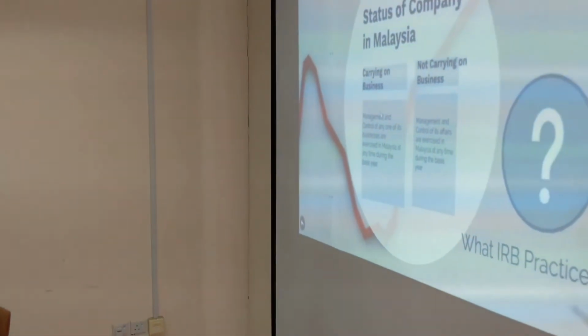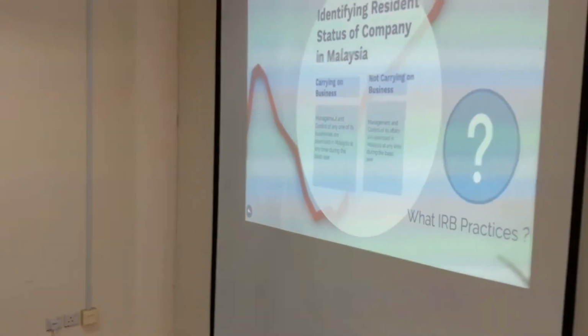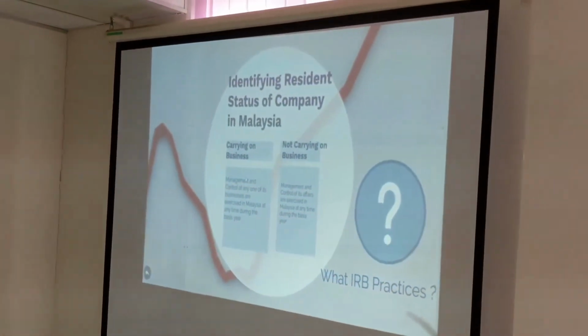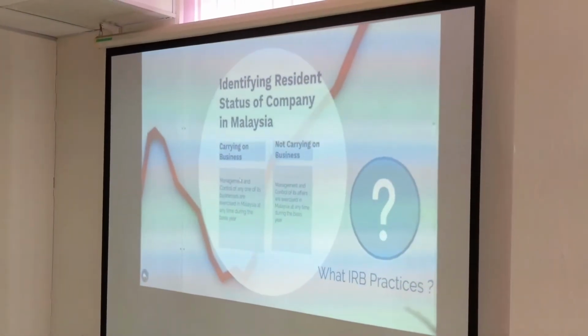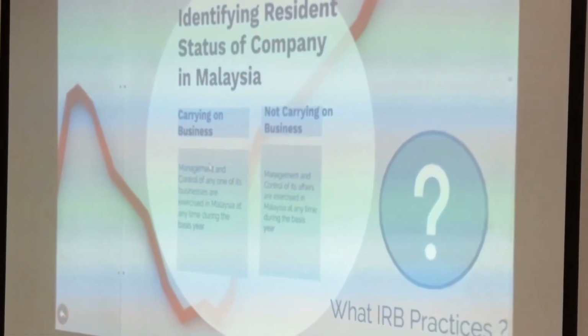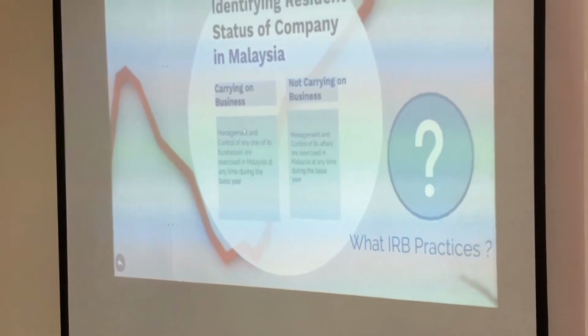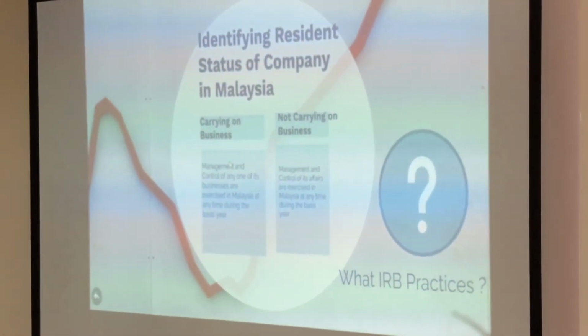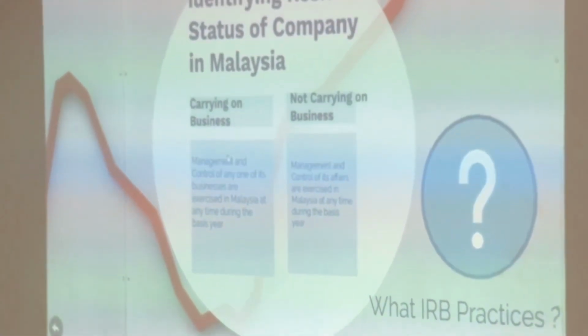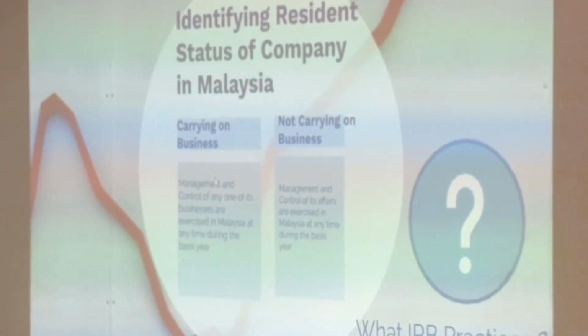So, first things first, before we proceed to what the IRB practices in order to determine the resident status of a company. In identifying the resident status of a company in Malaysia, companies are classified into two: a company which is carrying on business and a company which is not carrying on business.